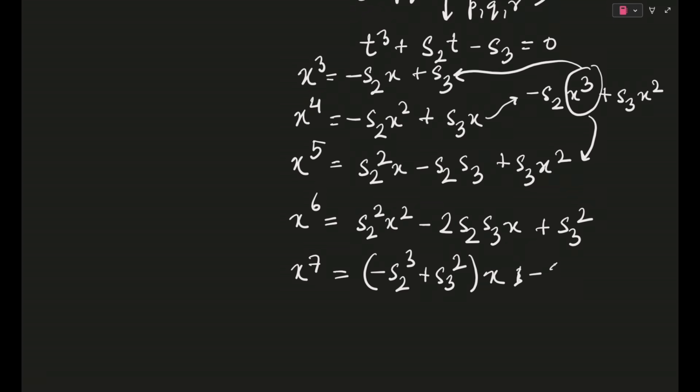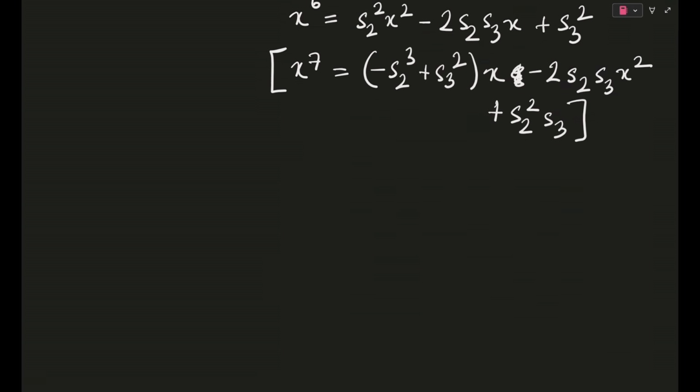This will be minus of 2 S2 S3 x square and plus of S2 squared S3. So this is your equation for x power 7.